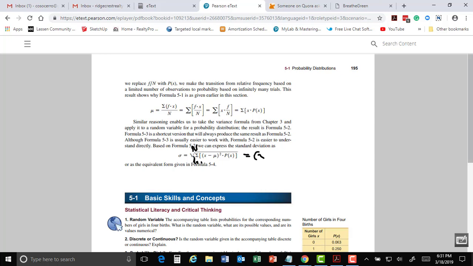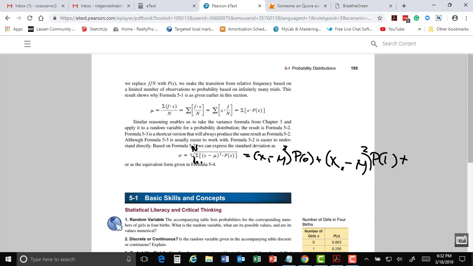So you'd have your first observation minus whatever the mu is, and then you would look at that table. Remember we had P of X, so that one was 0 girls, say, and we look at what that probability is. That gets multiplied times that. And we're not at n yet, so we have to put the next step. So it'll be x2 minus mu, squared, multiplied times the next random variable's probability.